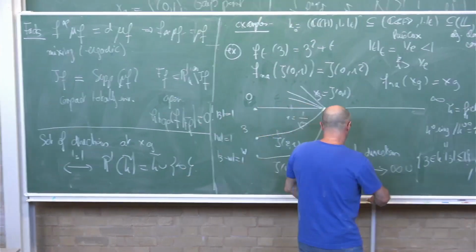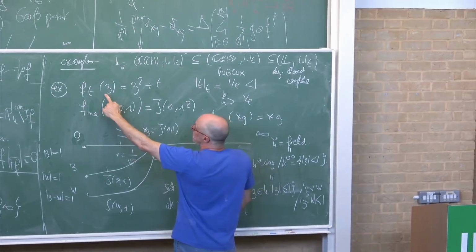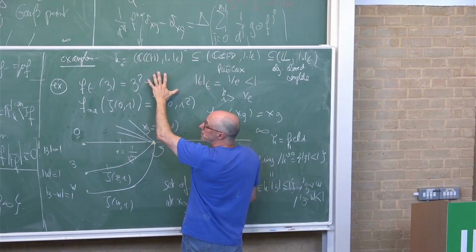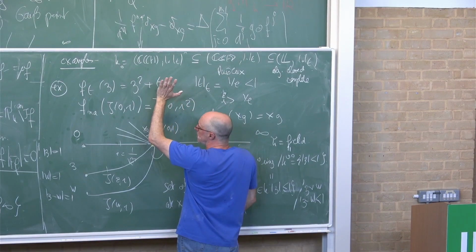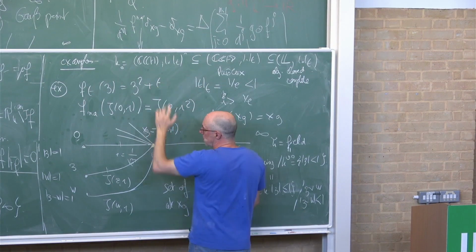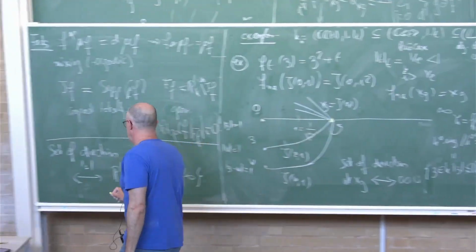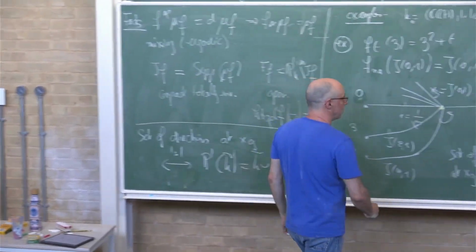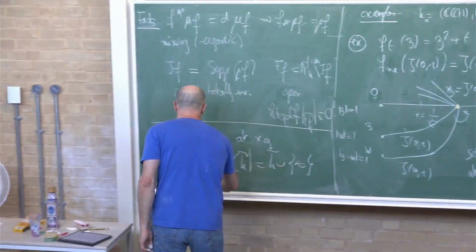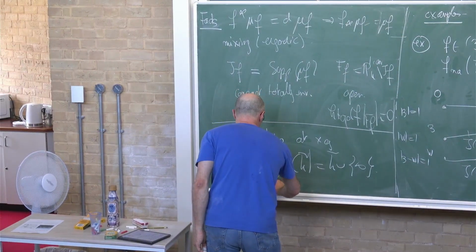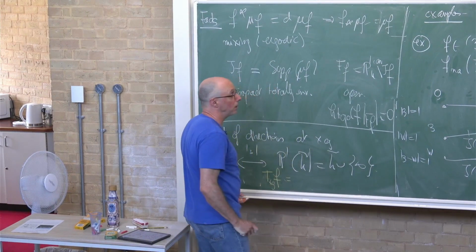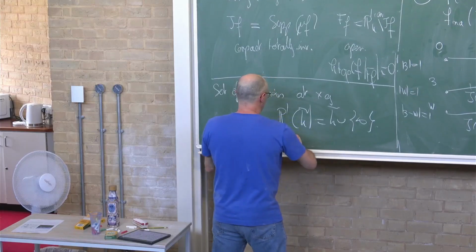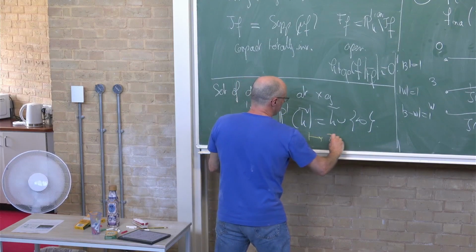So here what's happening is that you're looking at f of z equals z squared plus t, but t has norm strictly less than 1, so you kill this term. And so the map, in our case above, the map on the set of directions, which I'm going to write as Tf at xg, like a tangent map, is the map sending z to z squared.